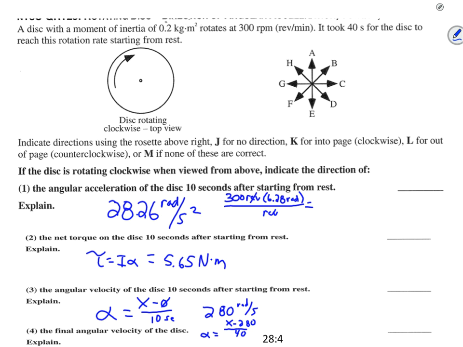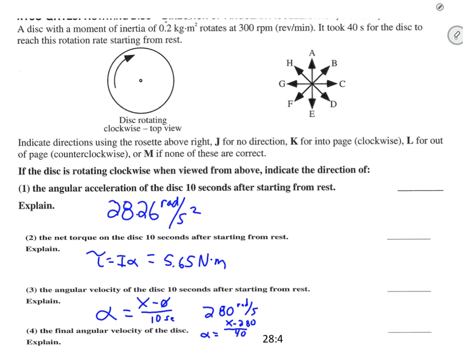So if you want this to be per second, then you got to have 60 seconds in 1 minute, times the 1 minute that it went for. So if you do that, you'll end up with your answer right there.